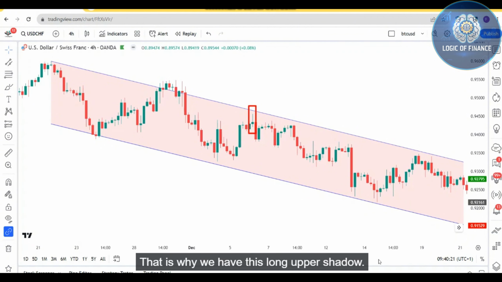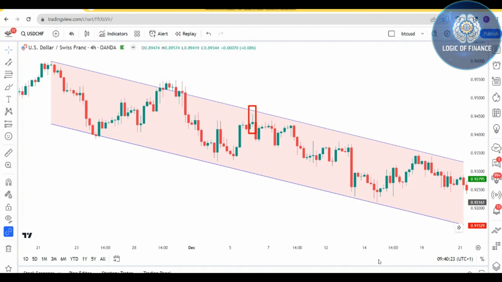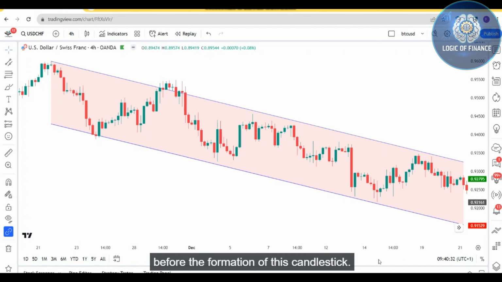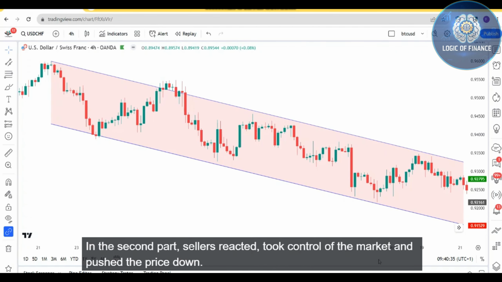That is why we have this long upper shadow. So in the first part, buyers were in control as expected because we were already having an up movement before the formation of this candlestick. In the second part, sellers reacted, took control of the market, and pushed the price down.